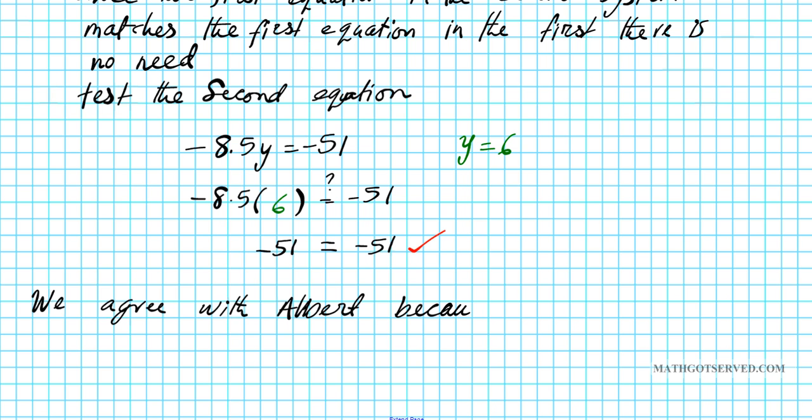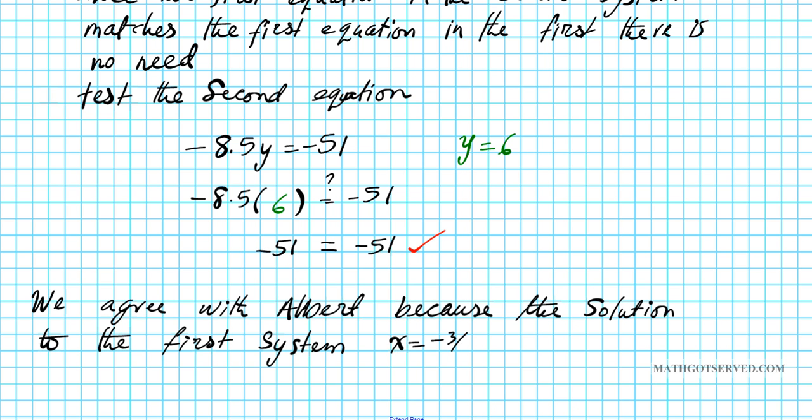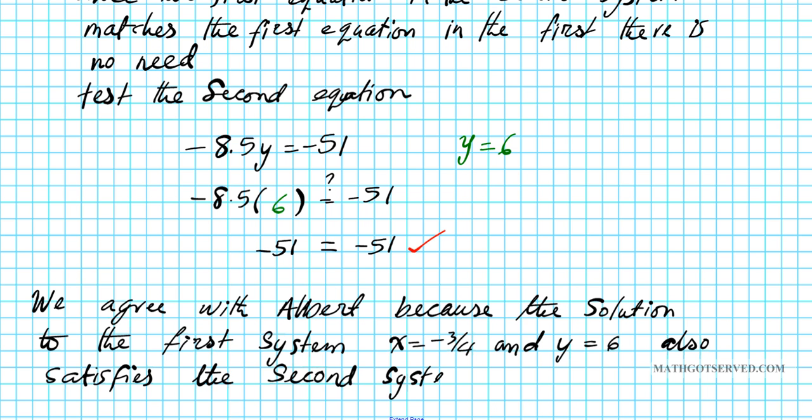Because the solution to the first system, x equals negative 3 over 4 and y equals 6, also satisfies the second system. If you have a solution satisfying two systems, then you know that their solutions are in fact the same. There you have it.